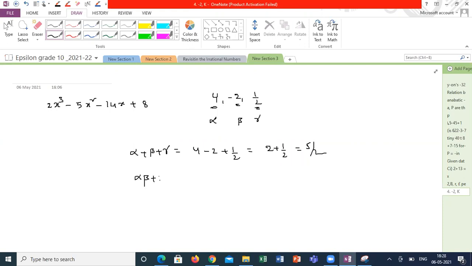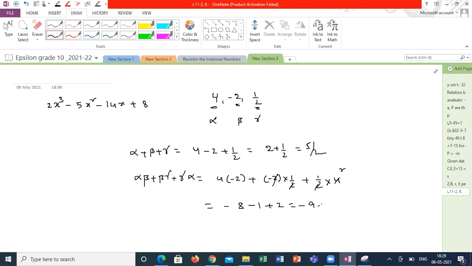Alpha beta, beta gamma, gamma alpha. Sum of the product of the zeros 2 at a time. So 4 into minus 2 plus minus 2 into 1 by 2 plus 1 by 2 into 4. 2 times, 2 cancel, minus 8, minus 1 plus 2.